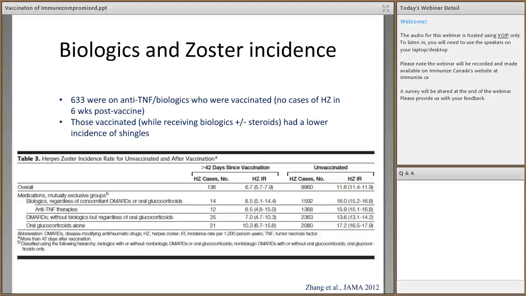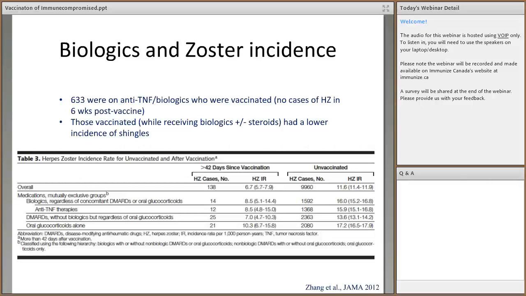Now, interestingly, in these vaccinated individuals, there were 633 who were actually receiving anti-TNF biologics. And so, although the recommendation was not to vaccinate, these persons were inadvertently vaccinated. And what the authors found was that in this group of 633 people, there were no cases of herpes zoster in the 6 weeks after vaccination, which essentially tells you that they did not actually have any adverse reactions to the vaccine.